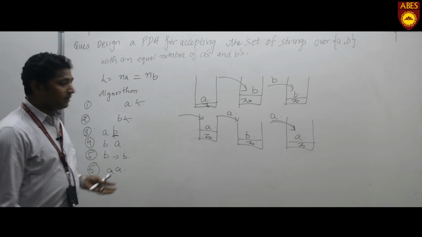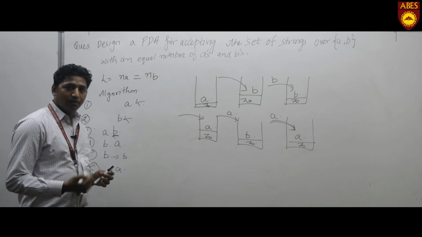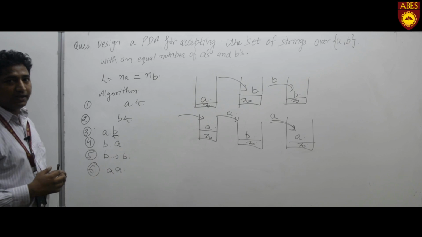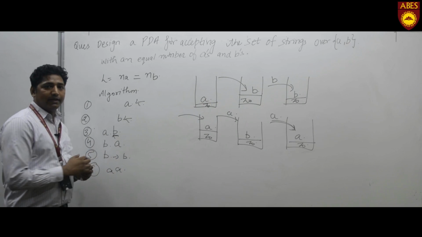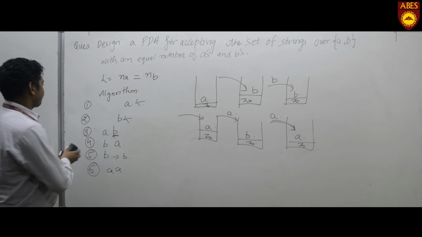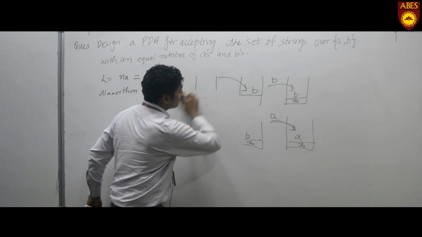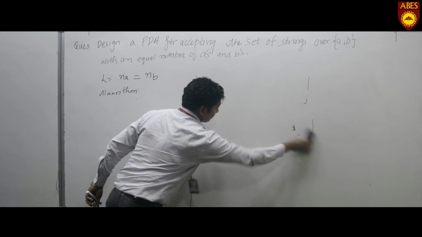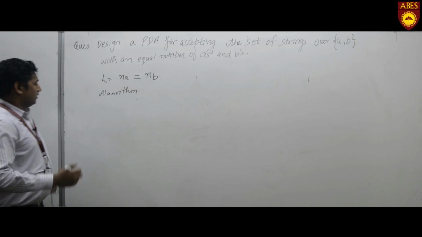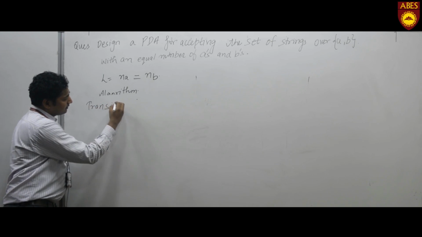So we have to write the transition rules for all these 6 conditions. So first we'll draw the transition diagram, and with the help of that transition diagram we'll write the transition rules. So the transition diagram will be like this.